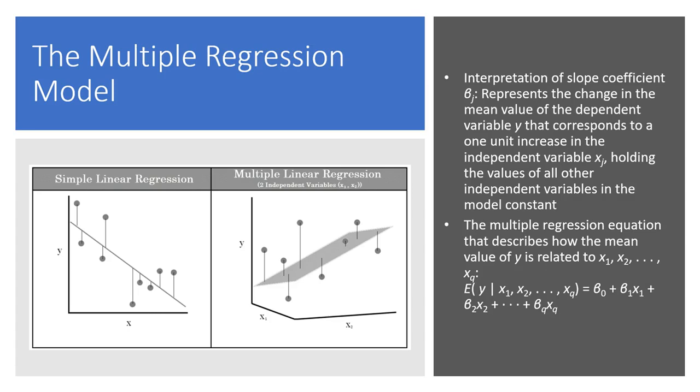And the multiple regression equation that describes how the mean value of y is related to each of our predictor variables is E of y given x1 to however many you have is equal to beta naught plus beta 1 x1 plus beta 2 x2 all the way up to beta q xq.